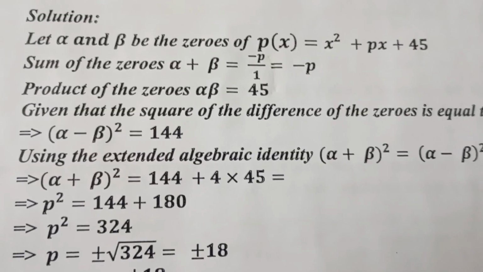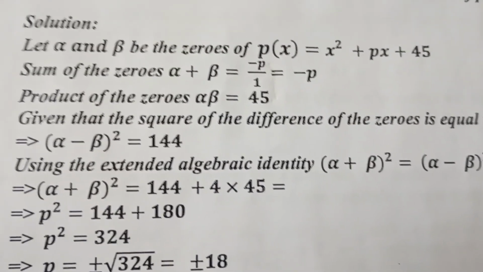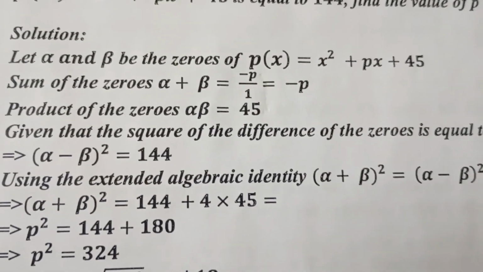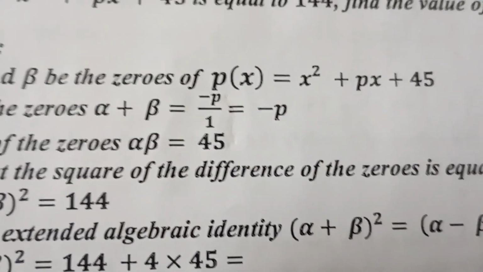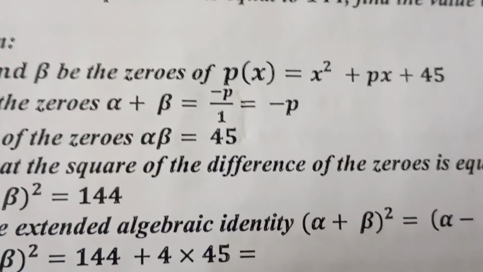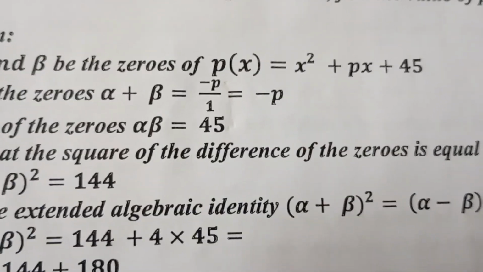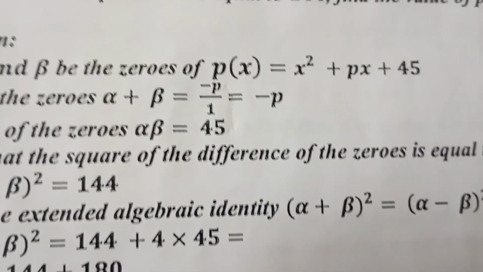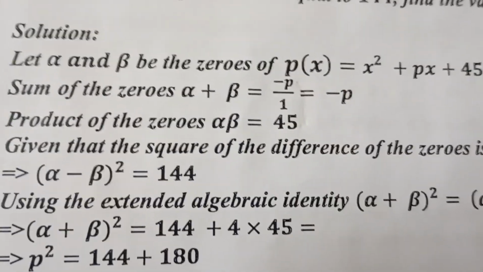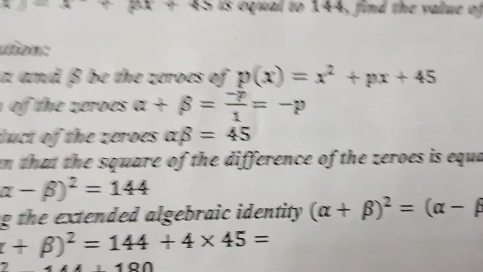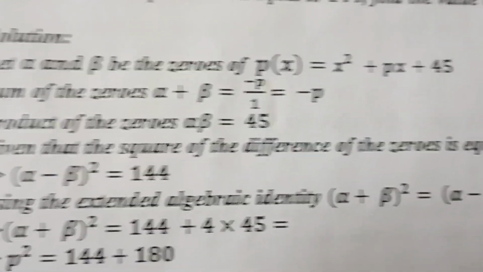So sum of the zeros, alpha plus beta is equal to minus p by 1 in this case, because it is minus the coefficient of x by the coefficient of x squared. So it is minus p by 1, and therefore it is minus p.